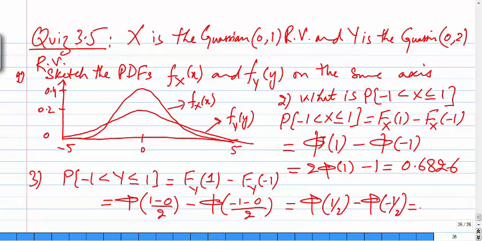So it becomes 2 phi of 1 by 2 minus 1. When you plug in the values, the result becomes 0.383.